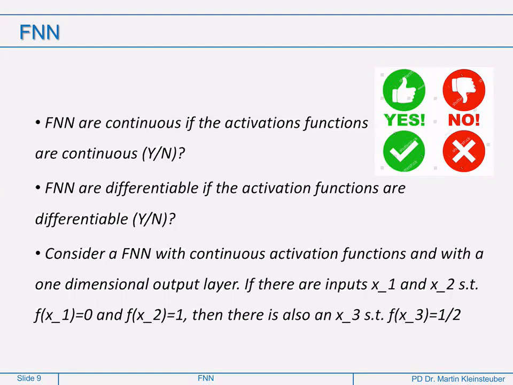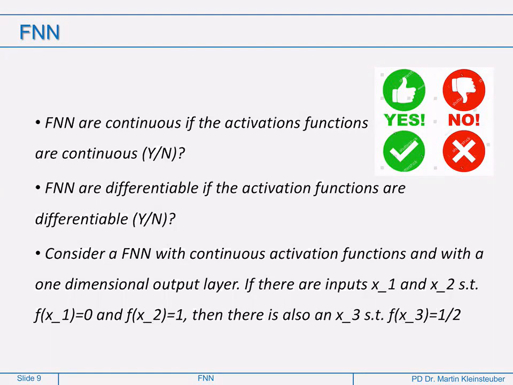Brian, what do you think? I personally think, since the activation functions are continuous, if one output is 1 and one output is 0, then there should be an input for which the output lies between, because the activation is continuous.